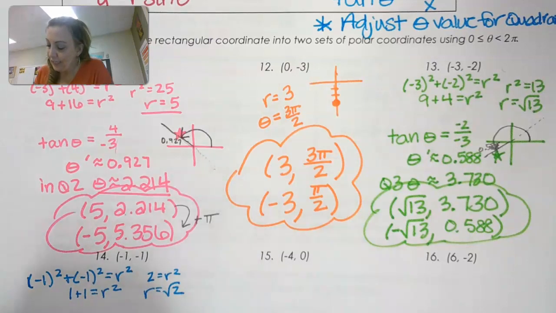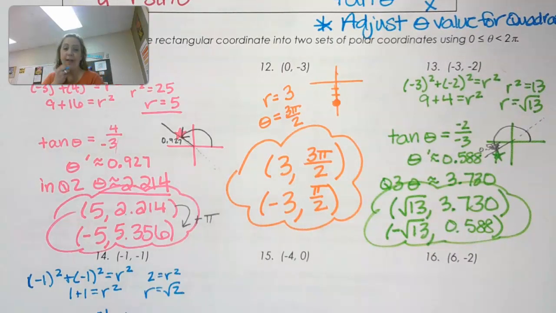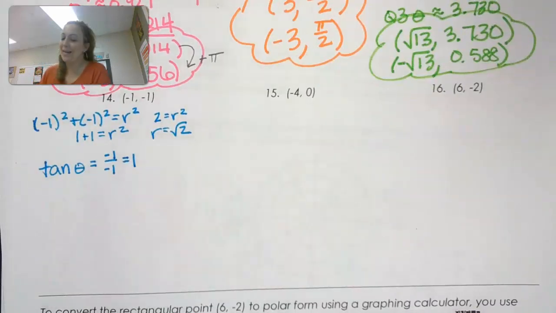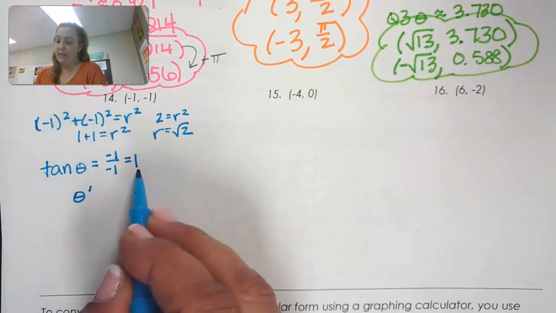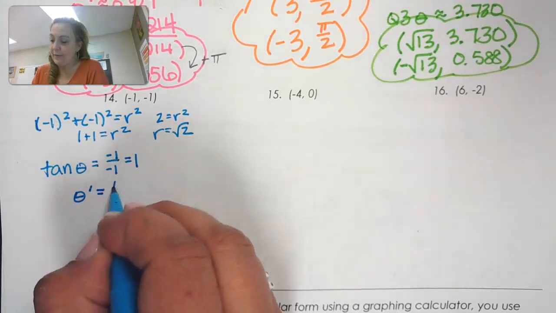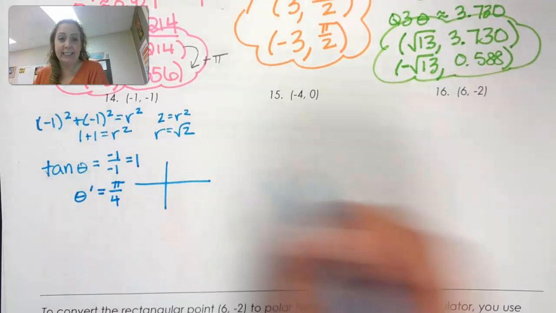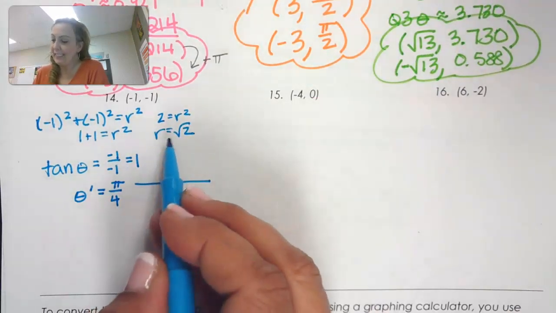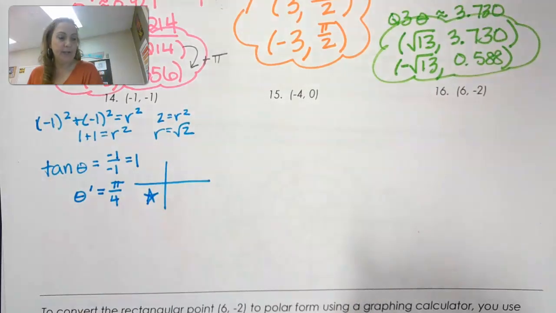And then if I look at my tangent of theta, it is going to be -1 over -1, which is 1. So when I look at my theta prime, it is going to be pi fourths. But let's look at where this lands. This is going to land in quadrant 3 at -1, -1.